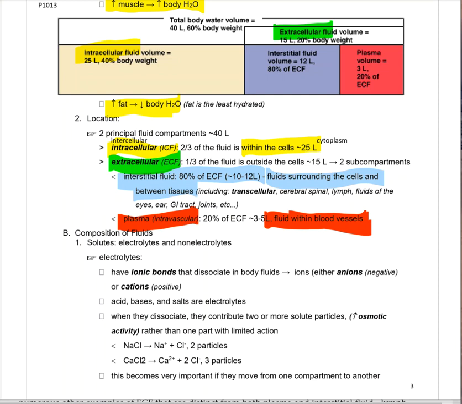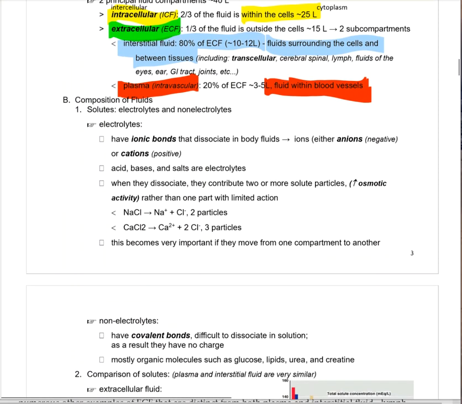So now that we know where the fluid is, let's start talking about what's inside those fluids. And so we want to look at the solutes, right? Solutes are dissolved substances within a solvent, and that solvent is water for us mostly. And so we want to look at electrolytes and non-electrolytes. What are those?